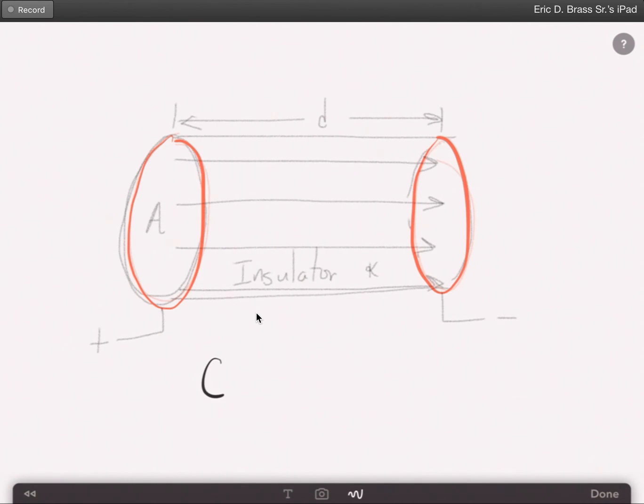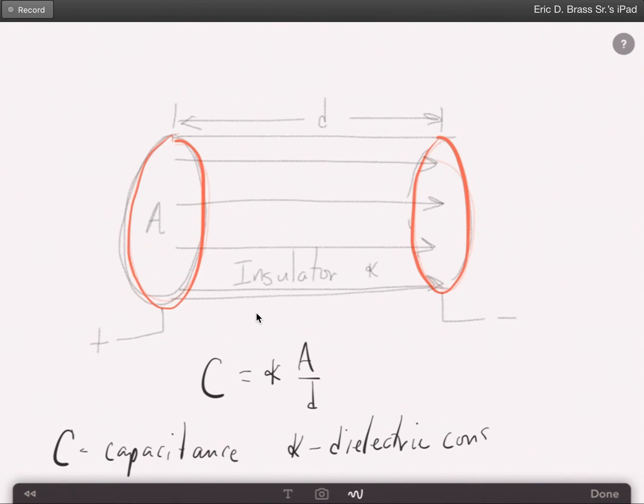And there's a formula that we can use, and that is C, capacitance, equals kappa, which is the dielectric constant, times the area of overlap over the distance of separation. So C is capacitance. Kappa is the dielectric constant. A is the area of overlap.